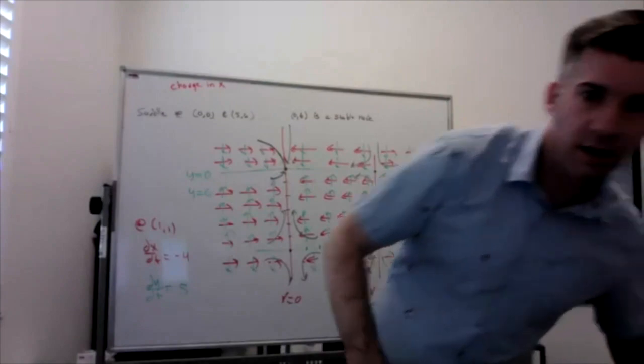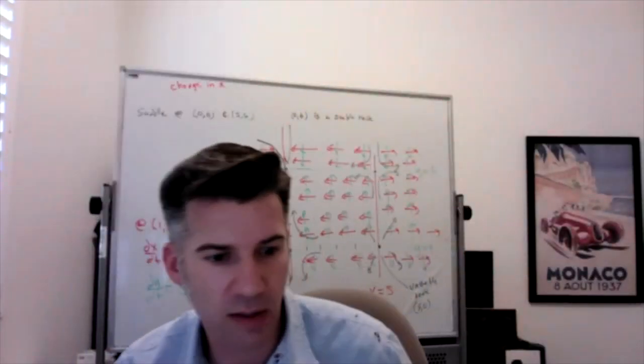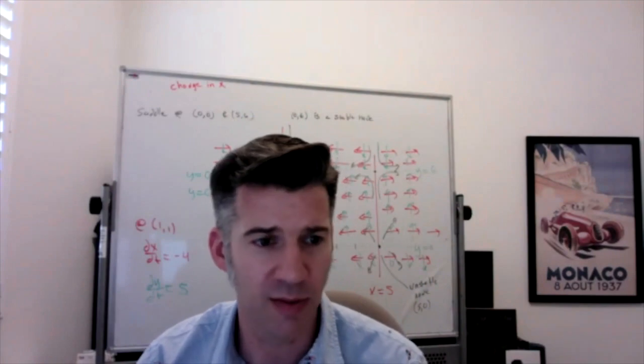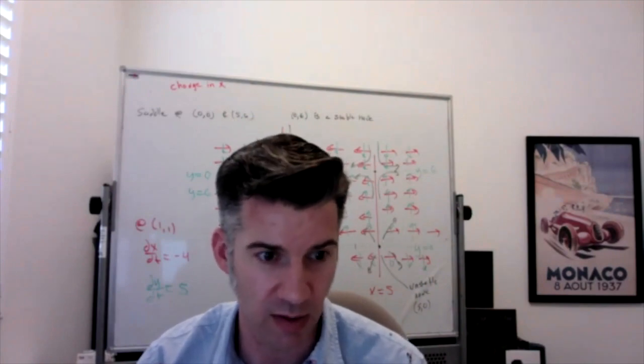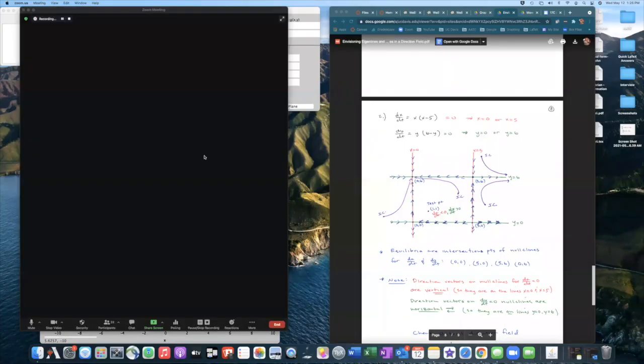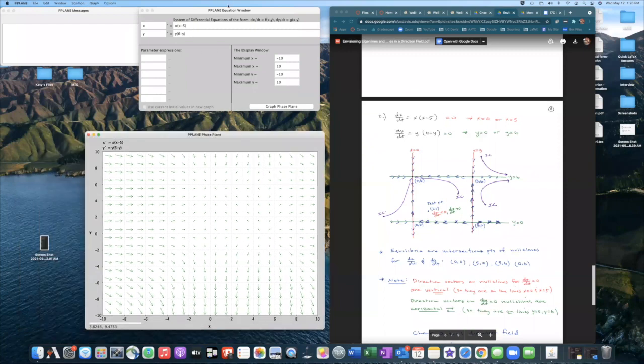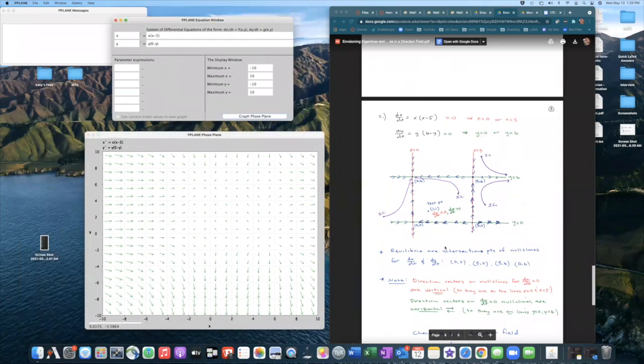And let me just show you real quick. Look at pplane here. It's been a while since we've used it. So here is the equation. Here's a picture of what I was just doing. If we graph the phase plane here, it's already graphed. Also, we can look at the nullclines.